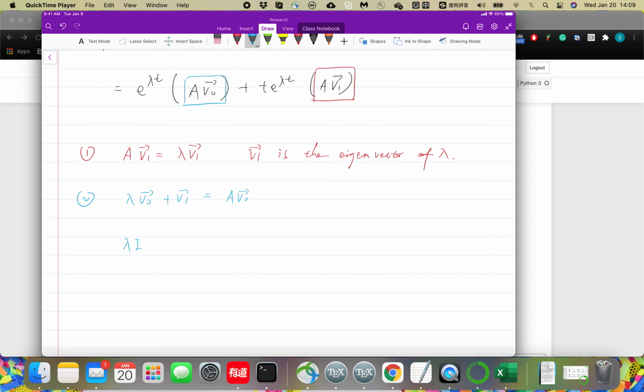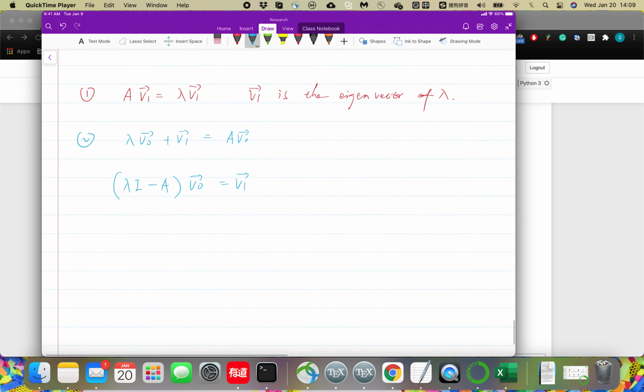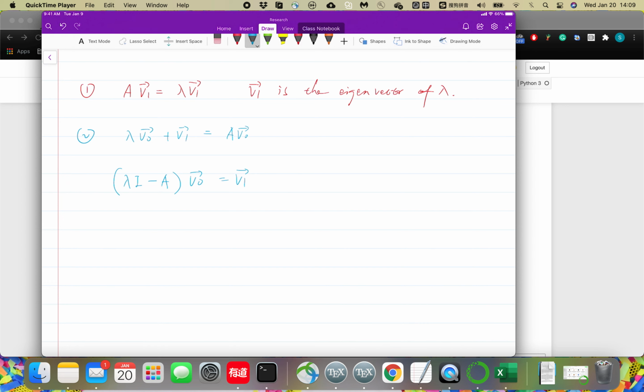Then we have (lambda I minus A) v0 equals v1, if we move v0 to the other side. That's the relationship we're looking for. If we just plug whatever we assumed for the format of the solution into the original system, then your v1 and v0 should have this kind of relationship.